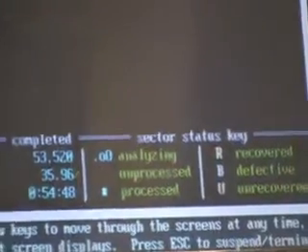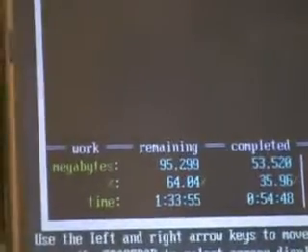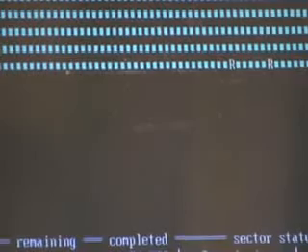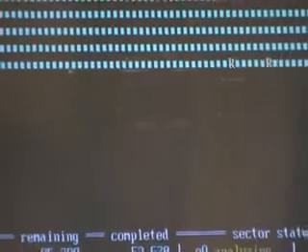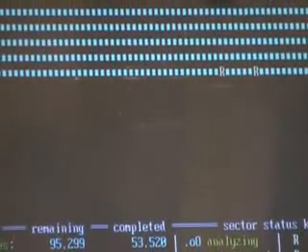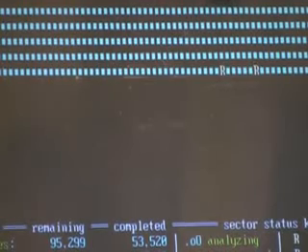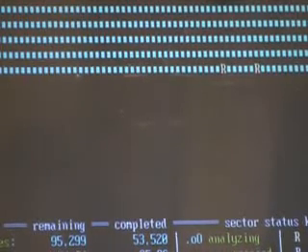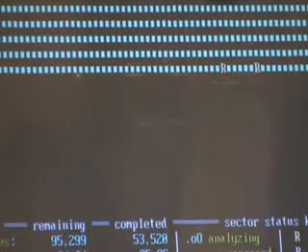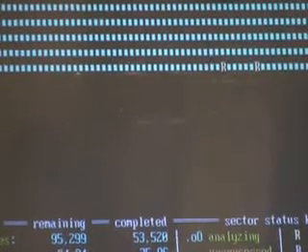So right now it's processing the drive. This is a cool program. I also like to use one called HDD Regenerator. Now keep in mind that these programs sometimes take a while to complete. By a while I mean it could take up to a day, 2 days, 3 days, depending on the size of the drive and how many bad sectors there are.